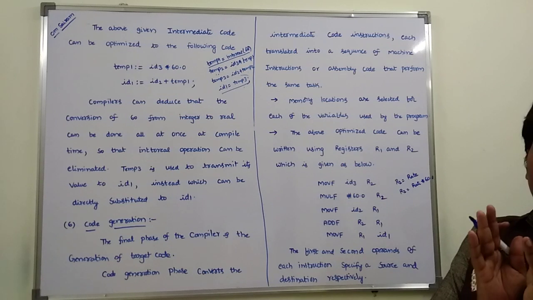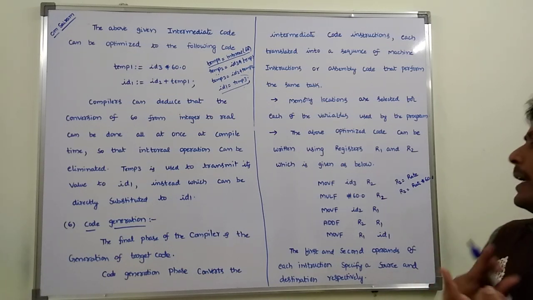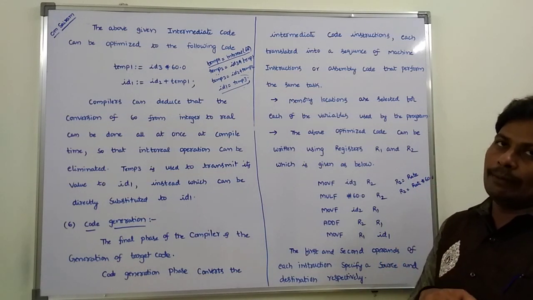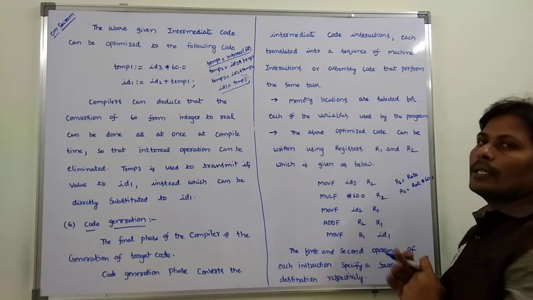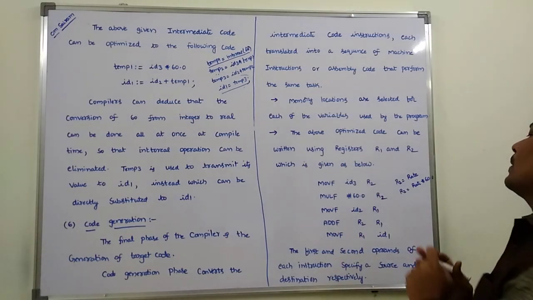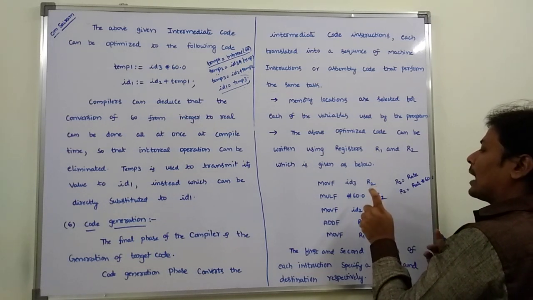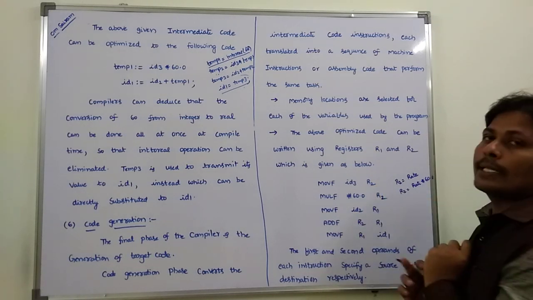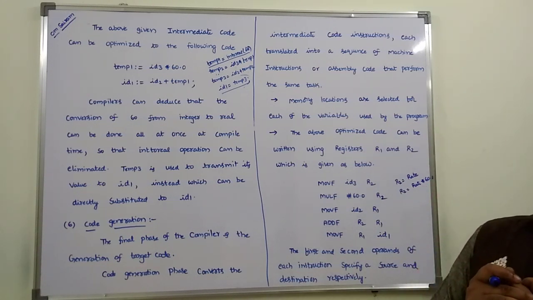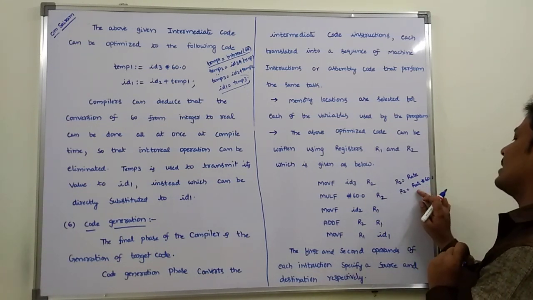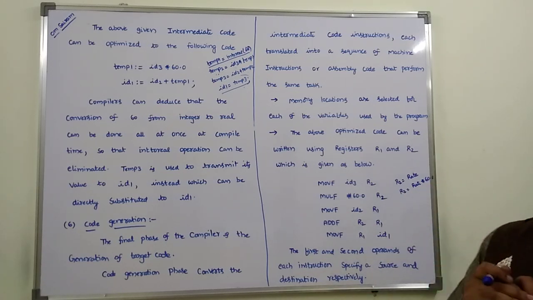Initially the register R2 contains only identifier id3. After the second instruction is completed, #60.0, the converted real number 60.0, is multiplied with the identifier id3, that is rate.